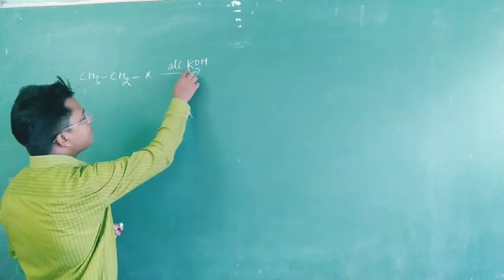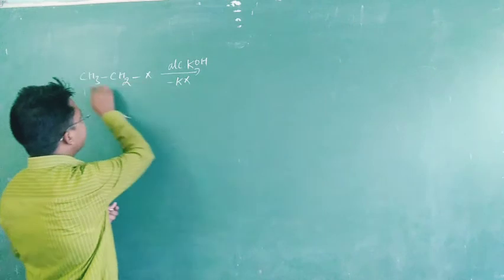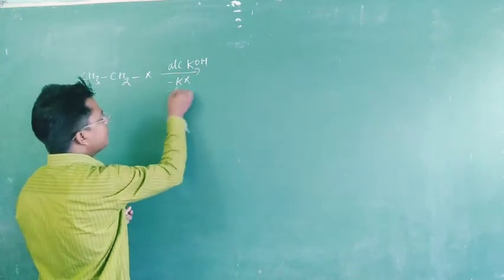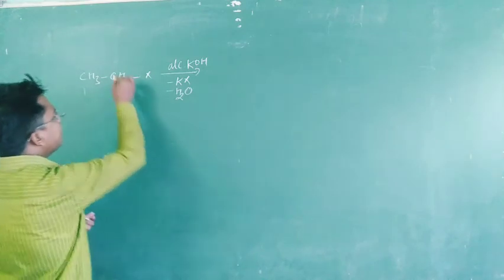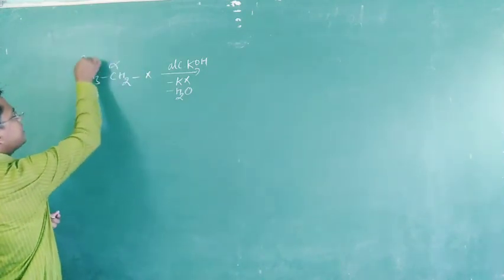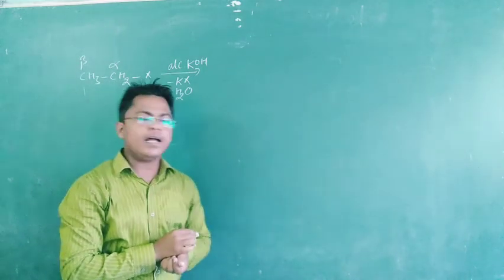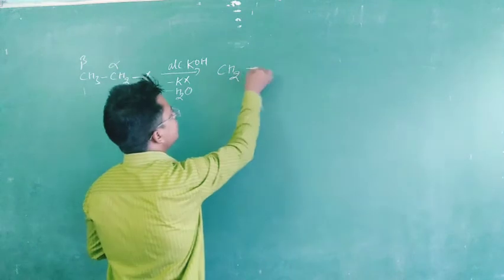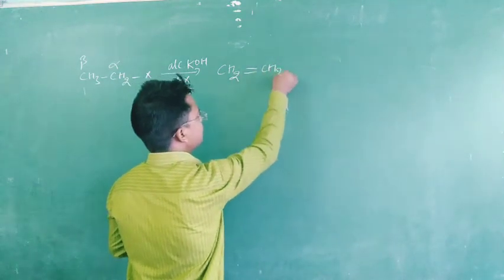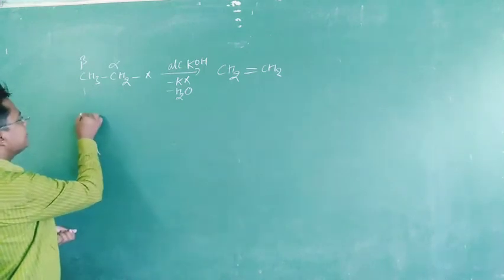KX will eliminate, that is, K from this one and X, and H from here and OH from here, H2O will eliminate. The elimination occurs from alpha and beta carbon both. That is why it is called beta elimination. Then alkene will be obtained, CH2 double bond CH2.